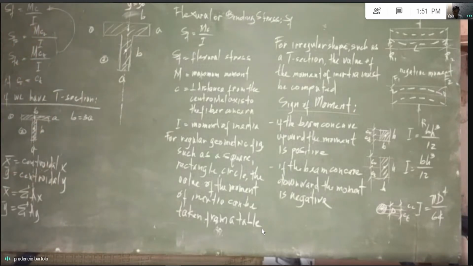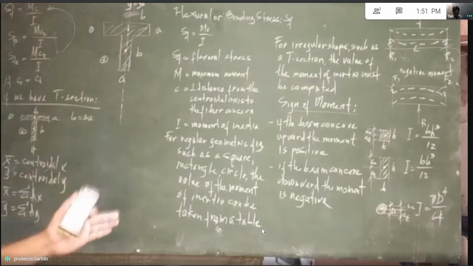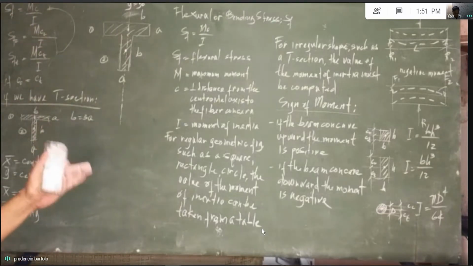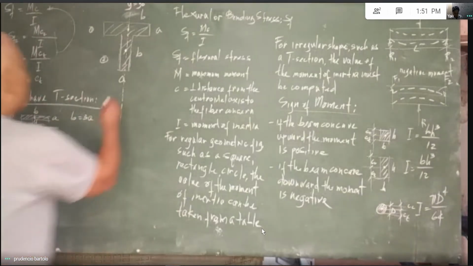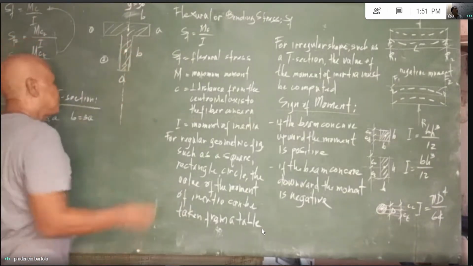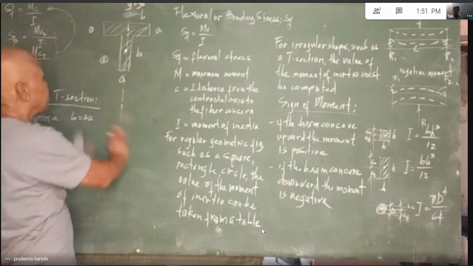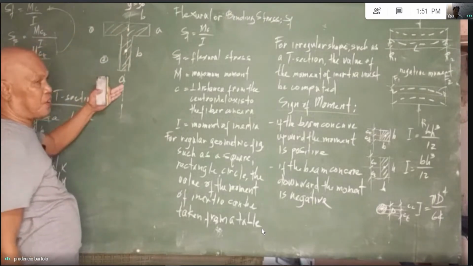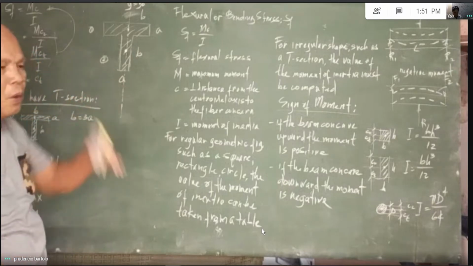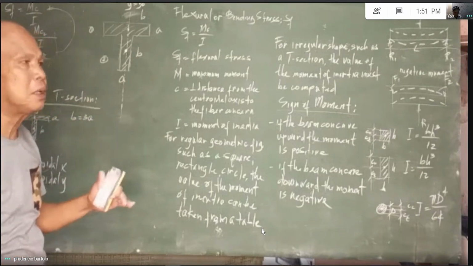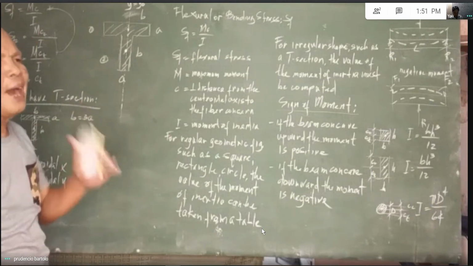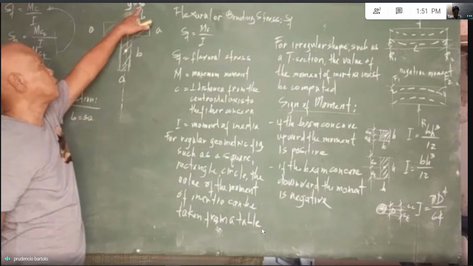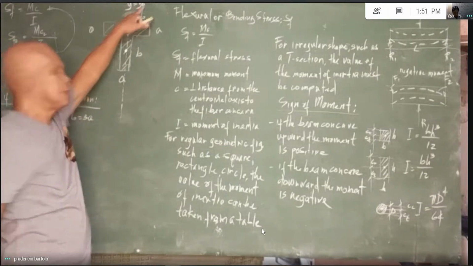So, the x bar is measured along the horizontal, that is to the location of the centroid of the composite figure. So we can see in here that the centroid of the composite figure lies along the centroidal y.